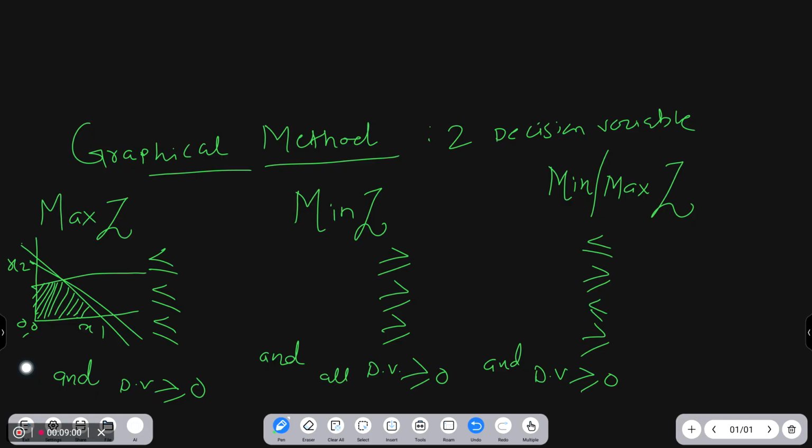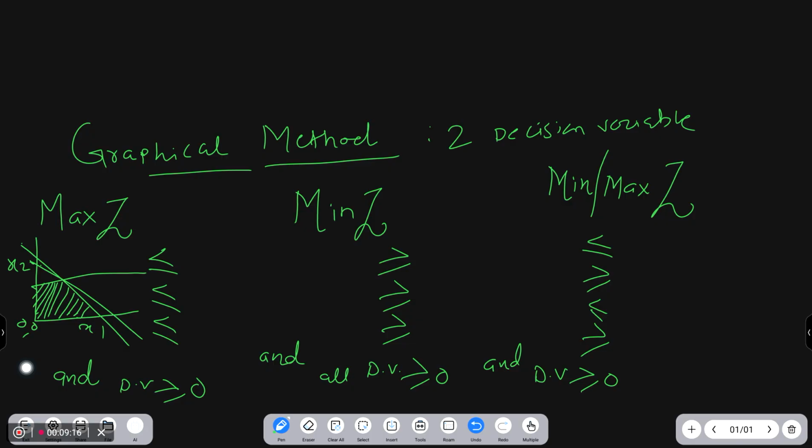Getting what I am saying? This will not be a valid region, this will not be valid, this will not be valid. Even though in all these three regions all my equations are touched, we cannot mark that region.